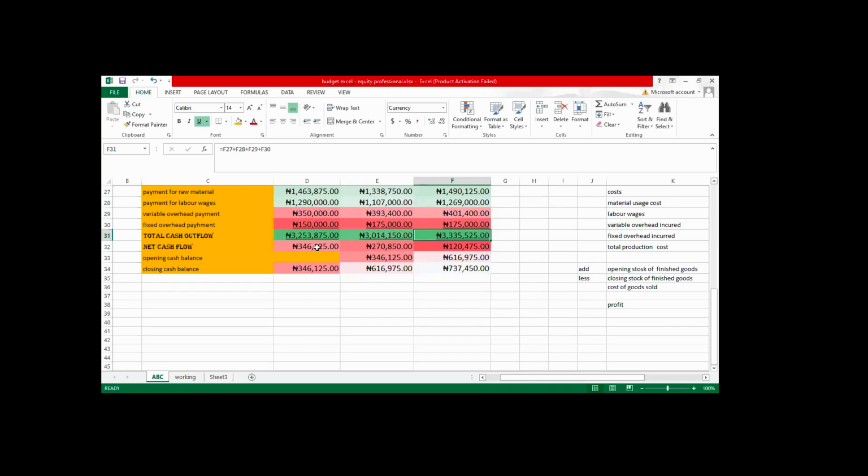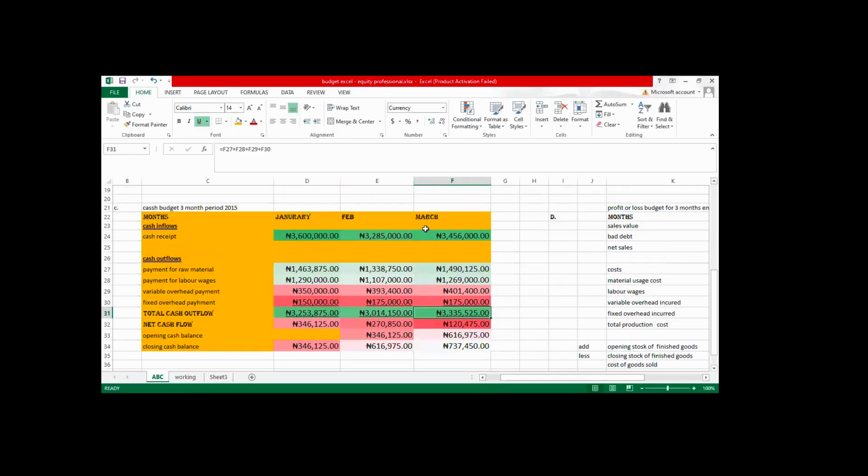To get your net cash flow, please look at it. Cash inflow minus cash outflow.